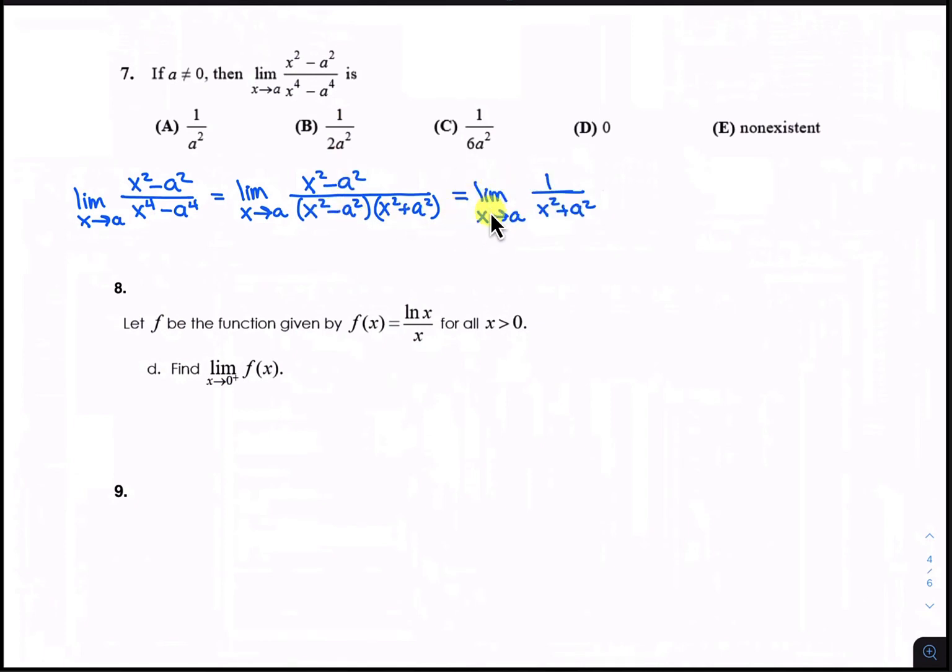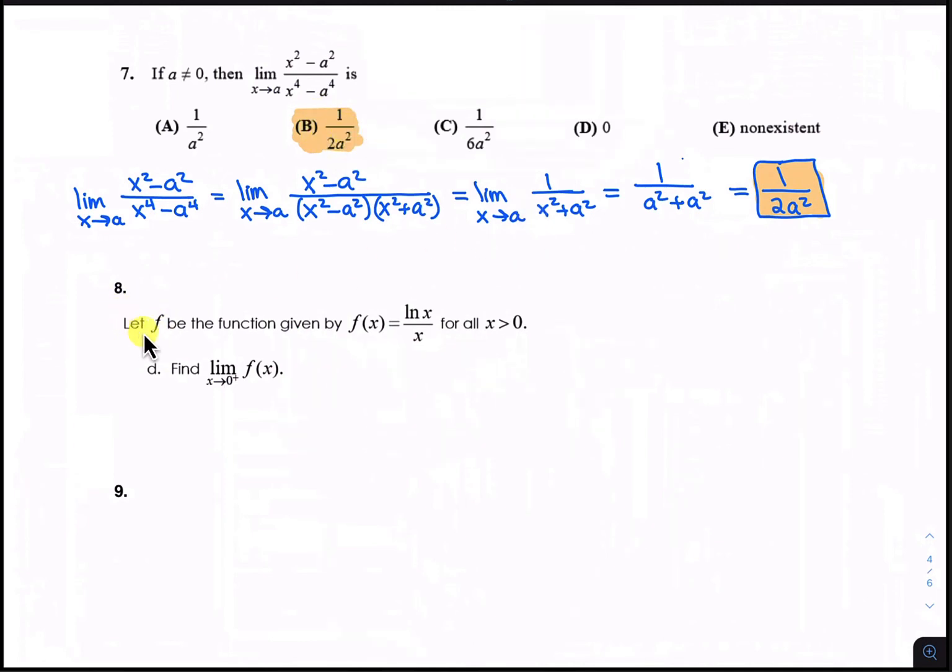So this is just the limit as x approaches a of 1 over x squared plus a squared. Now since x is approaching a, we can use direct substitution and replace the x with a. So now that gives us 1 over a squared plus a squared, which of course is 1 over 2a squared. And that is choice B.